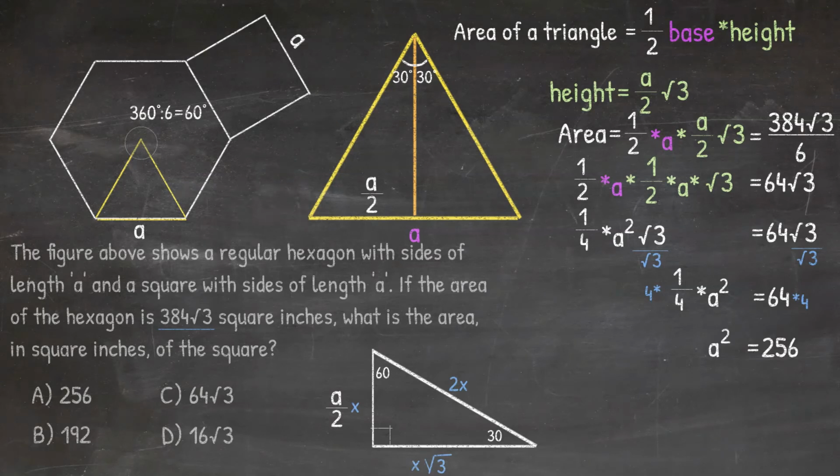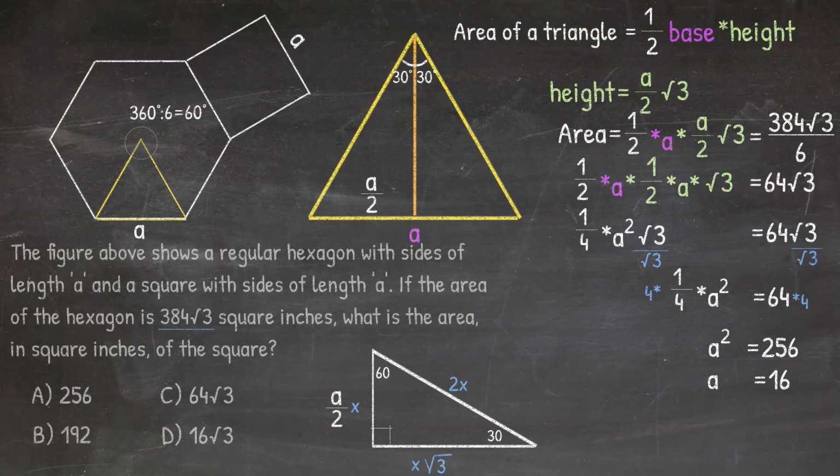As a result, we get a squared equals 256. Taking the square root from both the left and right-hand side, we get to our desired unknown a. It equals the square root of 256, or 16.